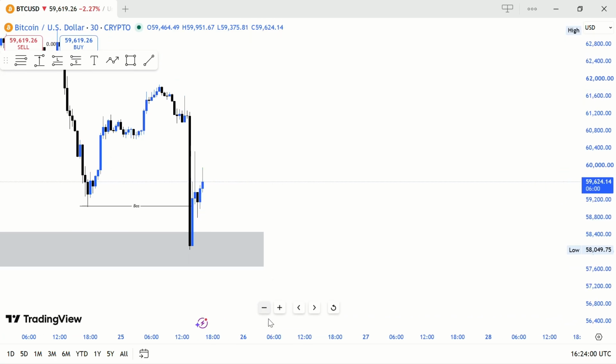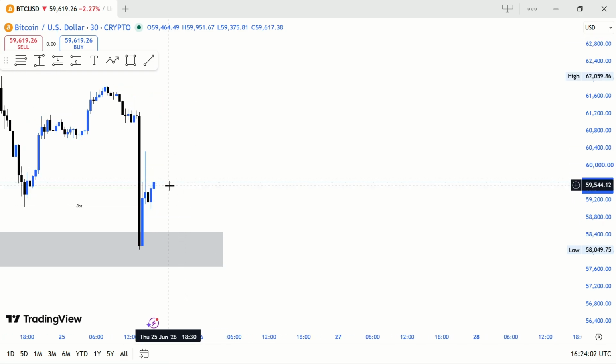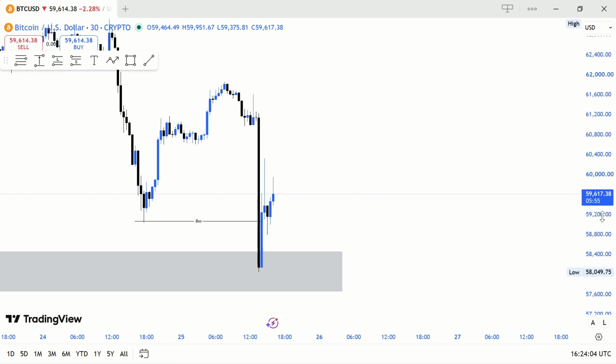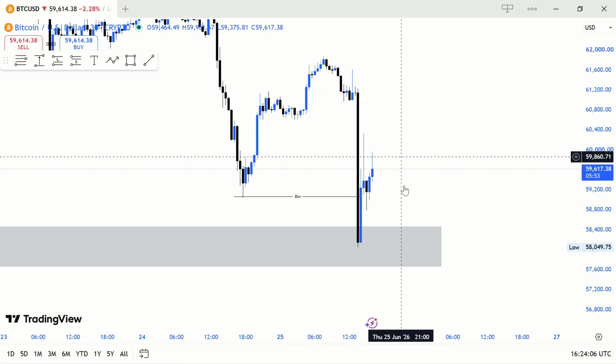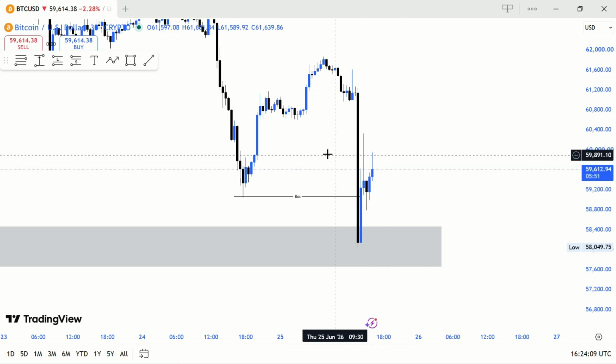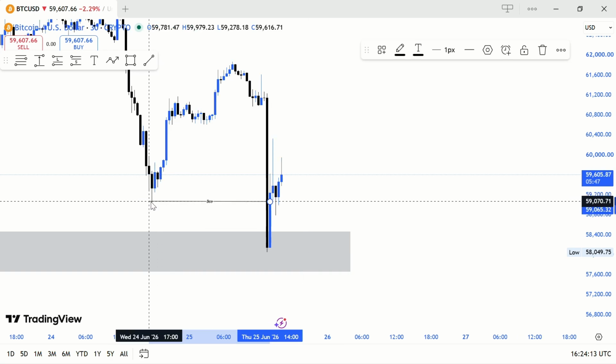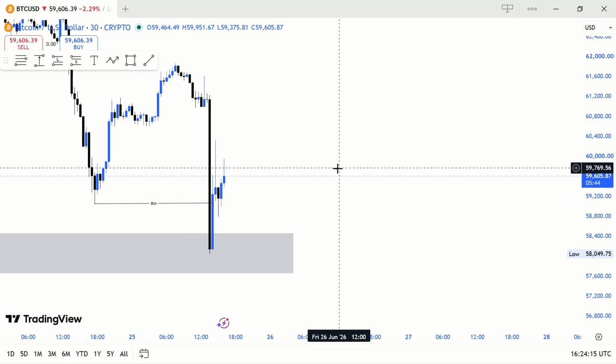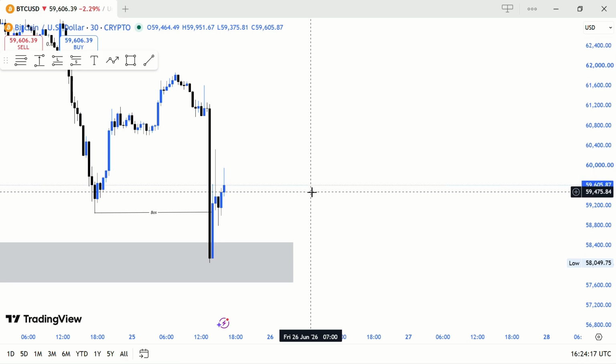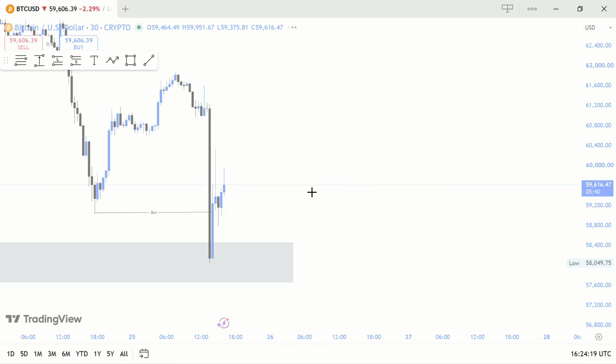So from our 30 minutes time frame, what do we observe? Market is still at this position. All right, stay at this position. Then we go to our execution time frame, which is our 15 minutes time frame.